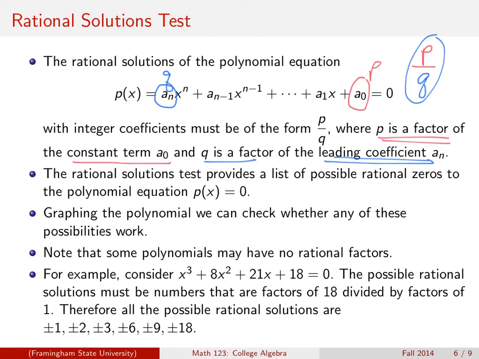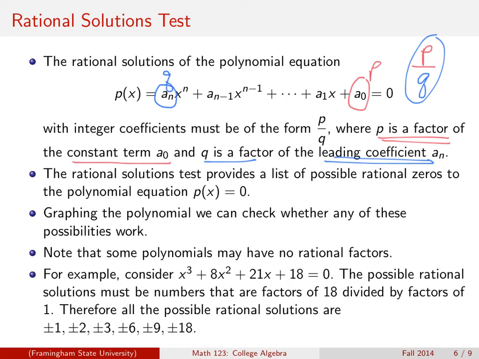Now it's just the possible ones. Every single rational possibility is only a possibility. Only some of them may actually be actual solutions or zeros. So there might be no rational factors. You could probably manufacture a polynomial in 3 seconds that has no rational factors. Maybe take some irrational factors and manufacture that polynomial.